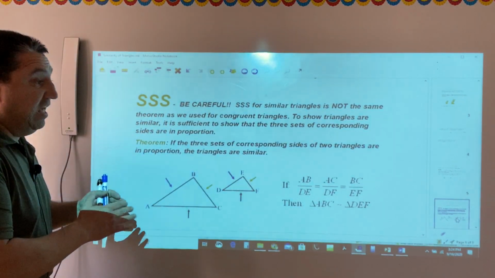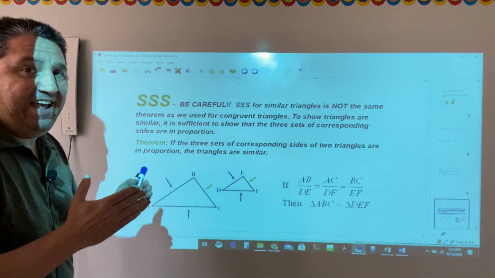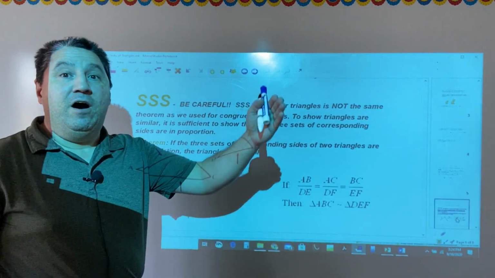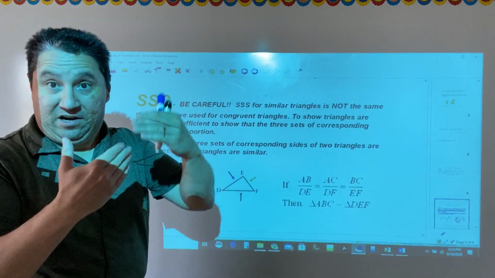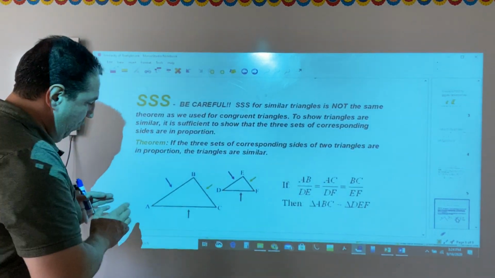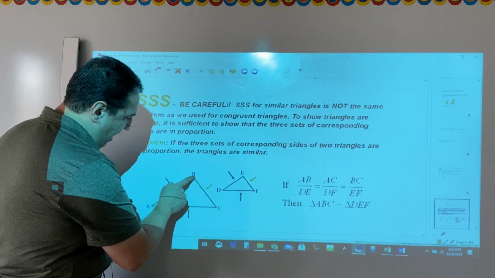Good. Now, when you have such a case, we have to identify the corresponding sides and then write their ratio, and make a proportion. So, what is the corresponding side for AB?